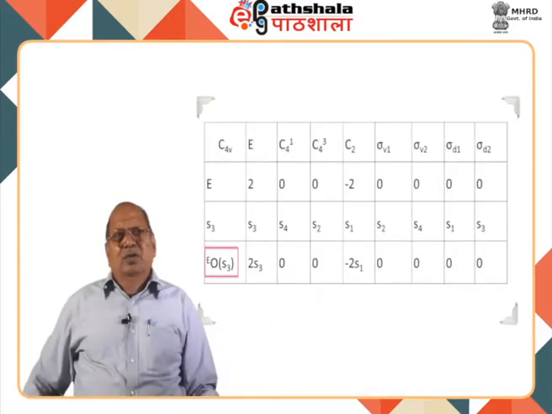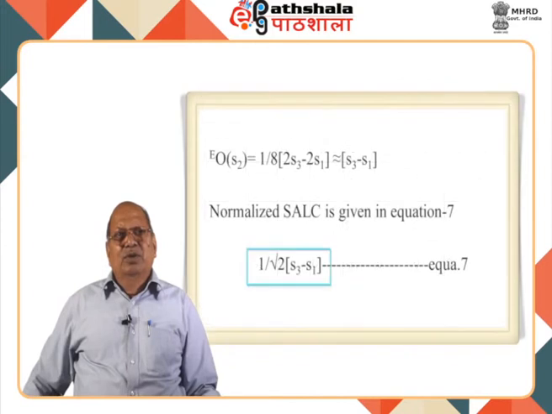If we make use of the operators corresponding to E on function S3, and again the table over here shows how S3 transforms and how EOS3 is there. And again by simple calculation, it comes out to be 1 upon under root 2 S3 minus S1, that is equation 7.